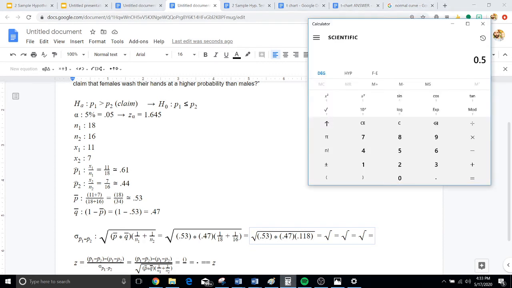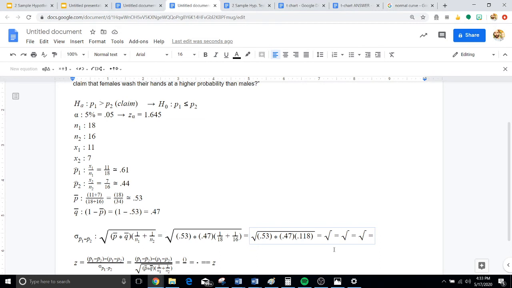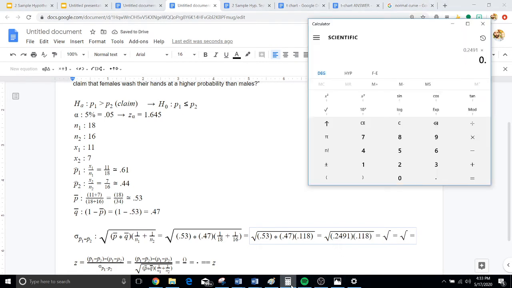So 0.53 times 0.47 is going to give us 0.2491. So we now have 0.2491 times 0.118. So let's multiply that, and that is going to give us 0.0294.